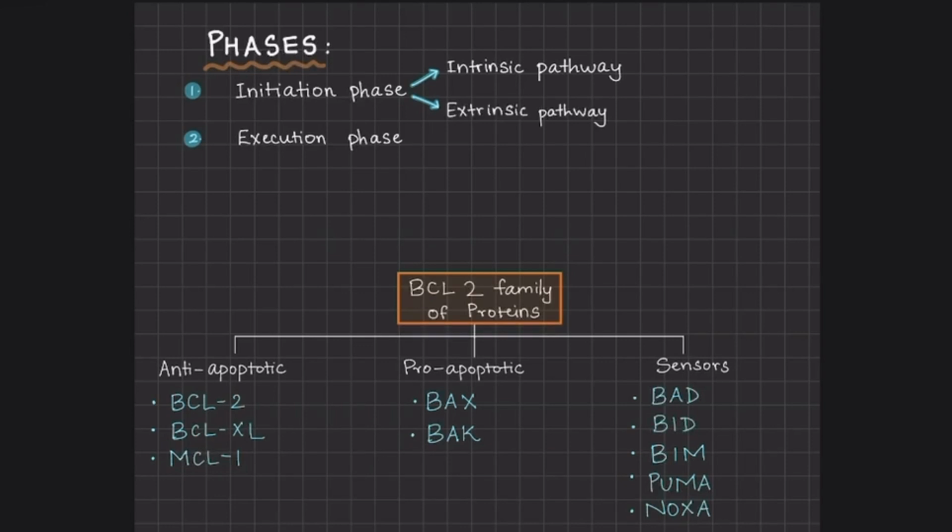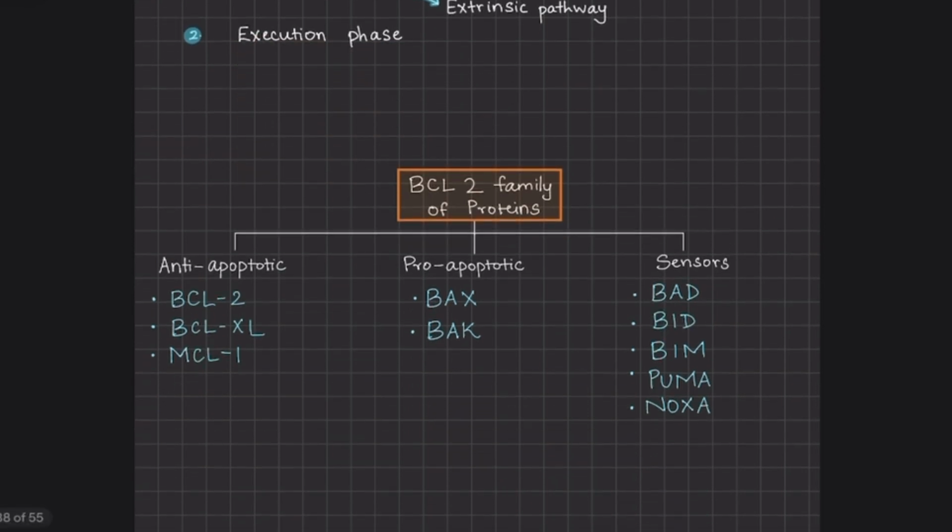Apoptosis occurs in two phases. The initiation phase includes an intrinsic pathway or mitochondrial pathway and an extrinsic pathway or death receptor pathway. The second one is the execution phase. Before diving deeper into the mechanisms of apoptosis, we have to know a few concepts. The first one being the BCL2 family of proteins.